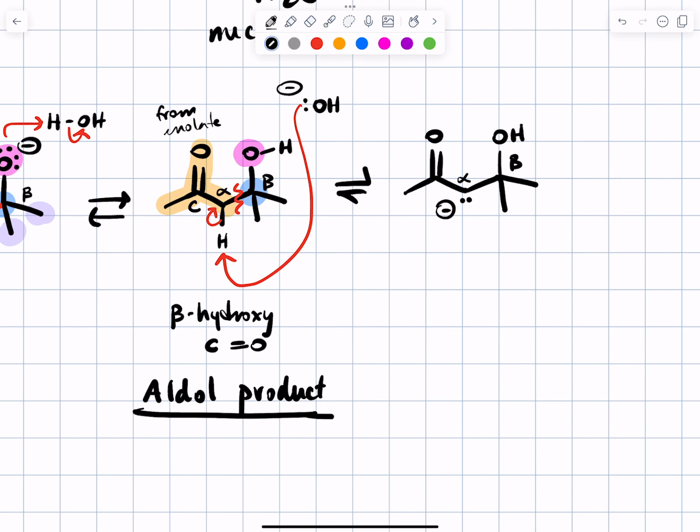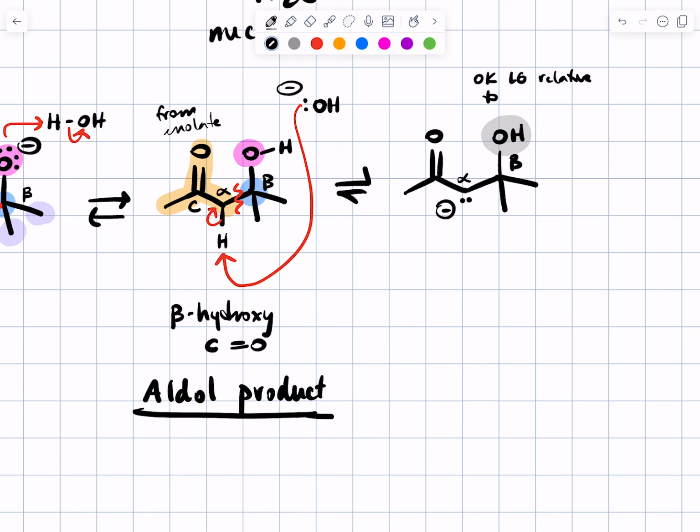And what can happen, notice that the negatively charged alpha carbon is adjacent to the OH group. Now, normally, we would think about OH minus as a terrible leaving group, but at least as compared to a negatively charged carbon as a kicker-offer, OH is an okay leaving group.